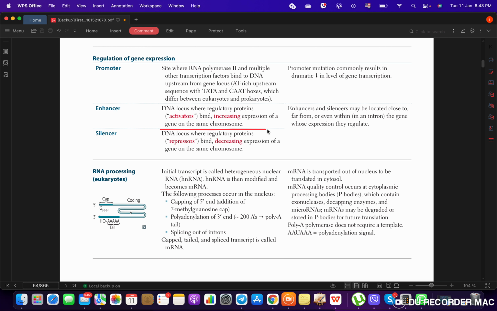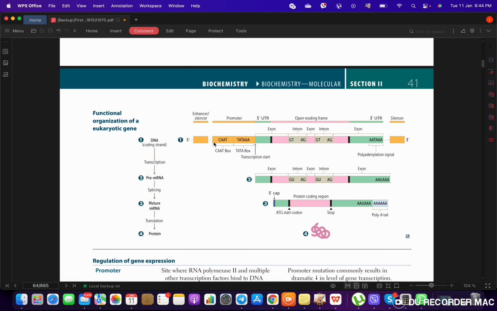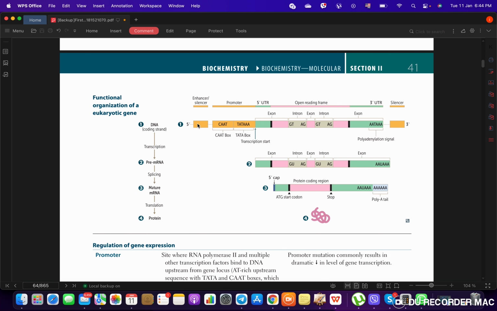Yep, absolutely correct. The next thing is a silencer, a DNA locus where the regulatory protein, the repressor, binds, which decreases the expression. So, an enhancer and a silencer.